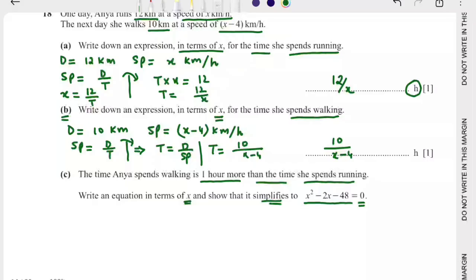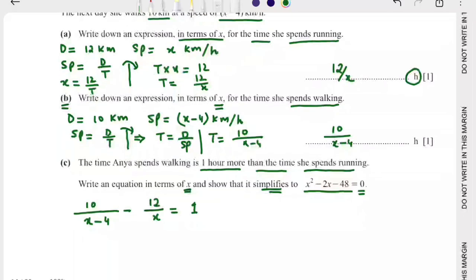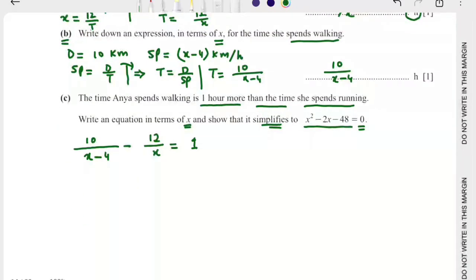The time for walking is greater, so we have to write the time for walking first minus the time for running, that is 12 upon x, is equal to 1 hour, that is the difference, that is a comparison.